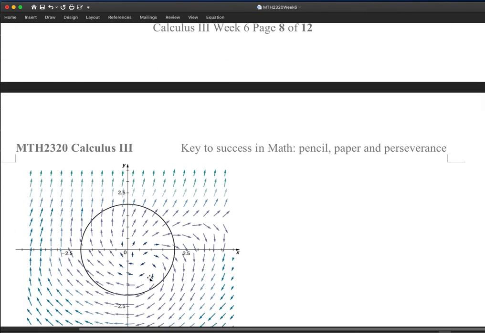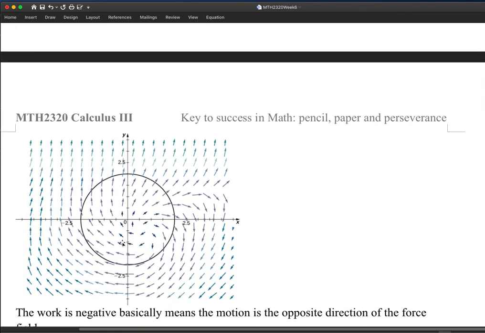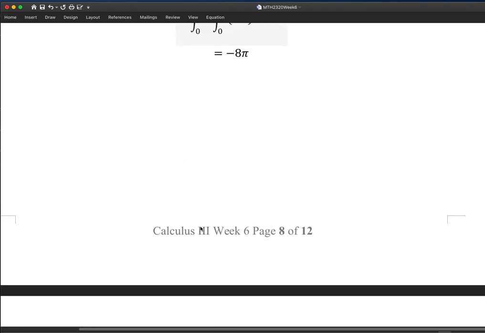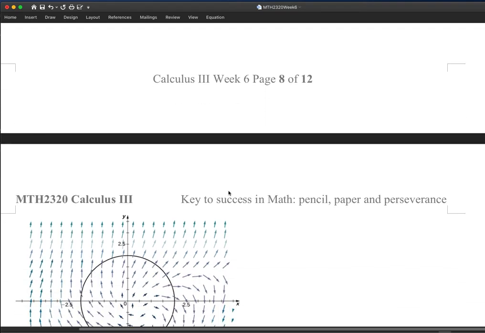You see, actually, this is the actual chart from the textbook. And probably you can tell we are moving in the counterclockwise direction. So roughly, at least we can say it's not in the same direction as the force field. So overall, the work done by the force field is negative in this case.